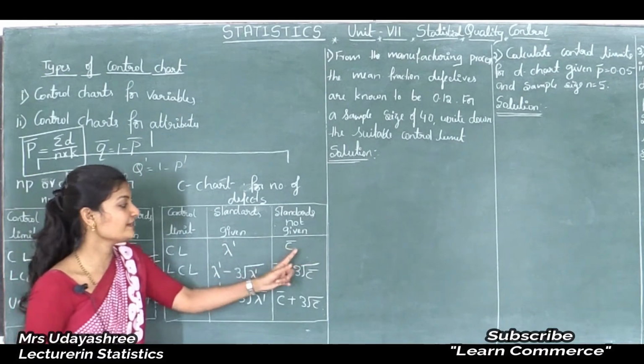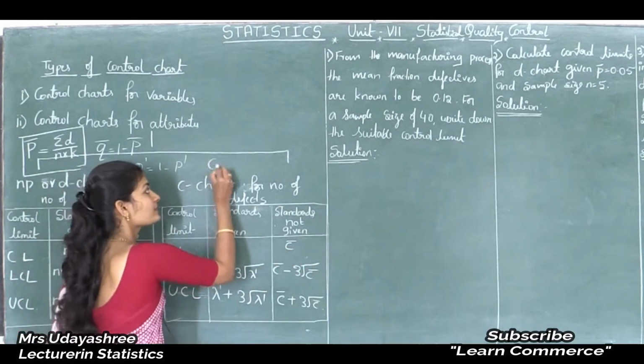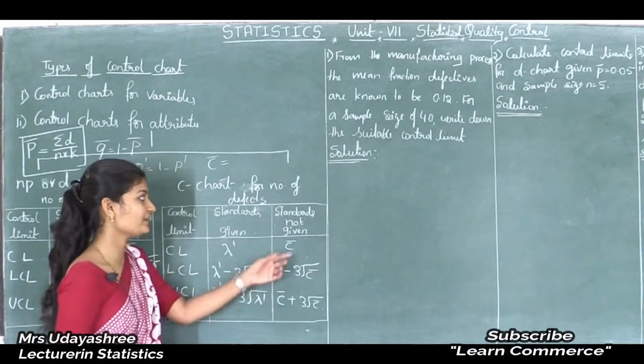Similarly, how to calculate C bar, the average defects?